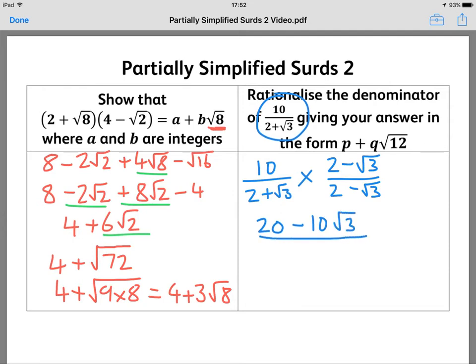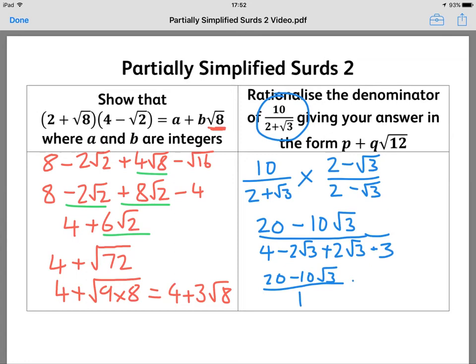We get 2 times 2 is 4, minus 2 root 3, plus 2 root 3, and then minus root 3 squared, which is 3, and we end up with 20 minus 10 root 3 all over 1.